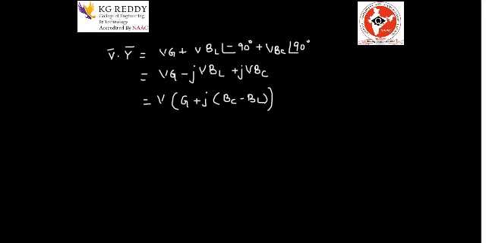Now finally I will get the admittance Y bar equal to G plus j into (BC minus BL). So this is the admittance present in the circuit.